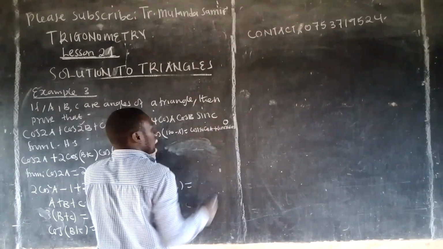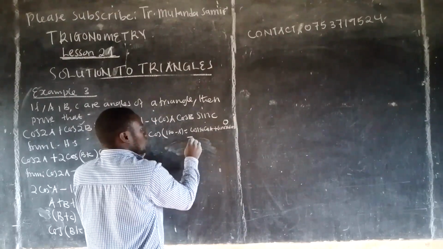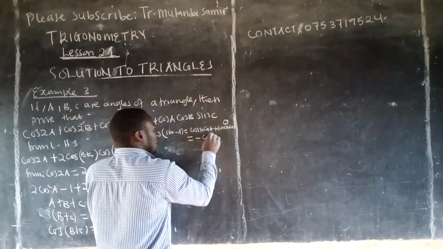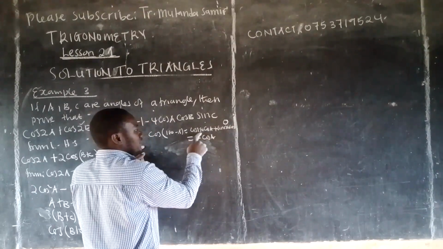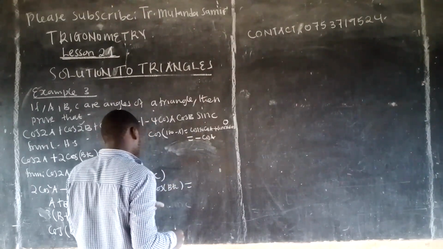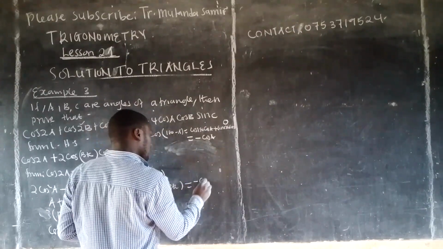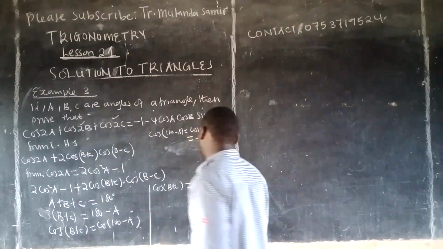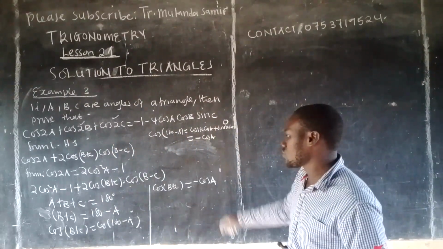But you all know that sin of 180 is 0, and cos of 180 is negative, so here it should be negative cos a. So this one here will be equal to negative cos of a.